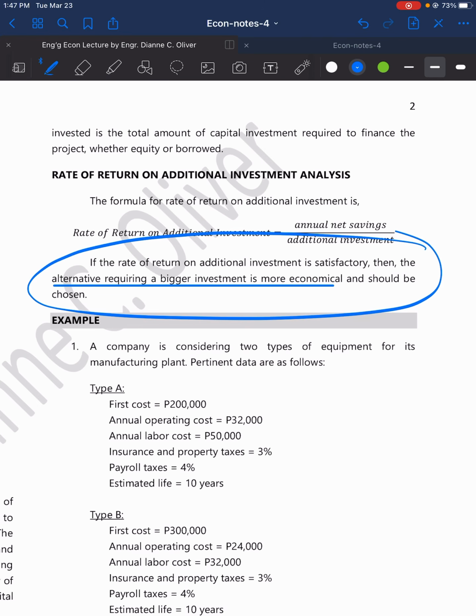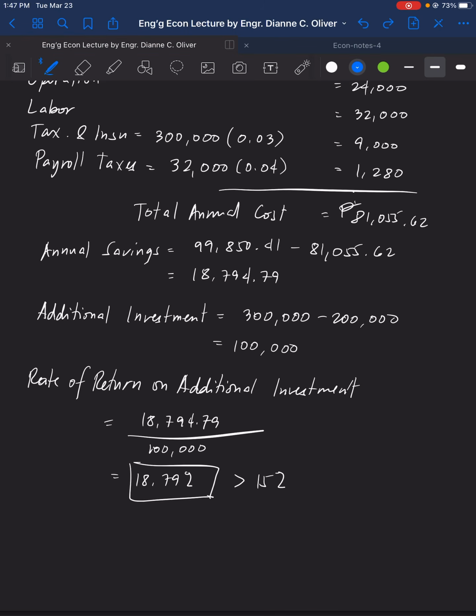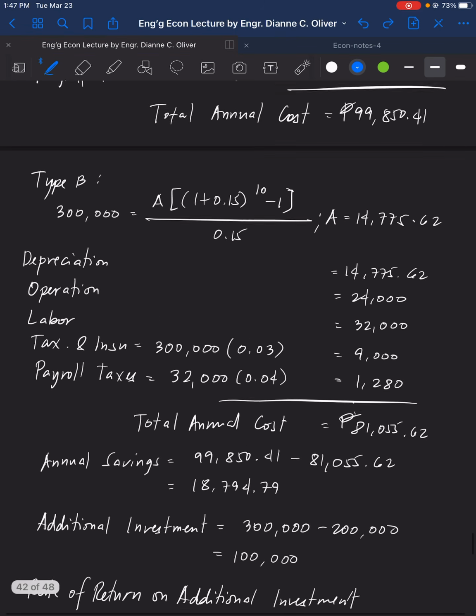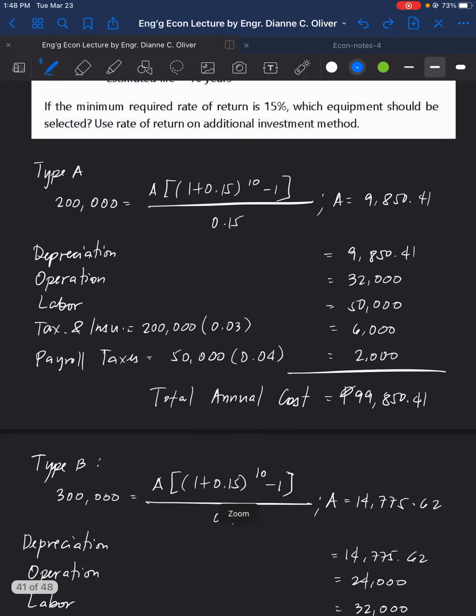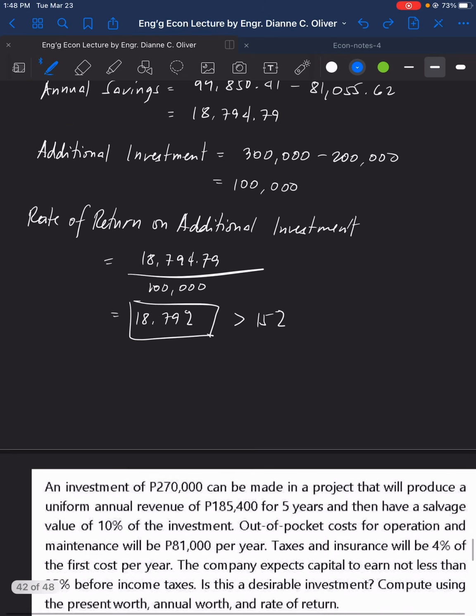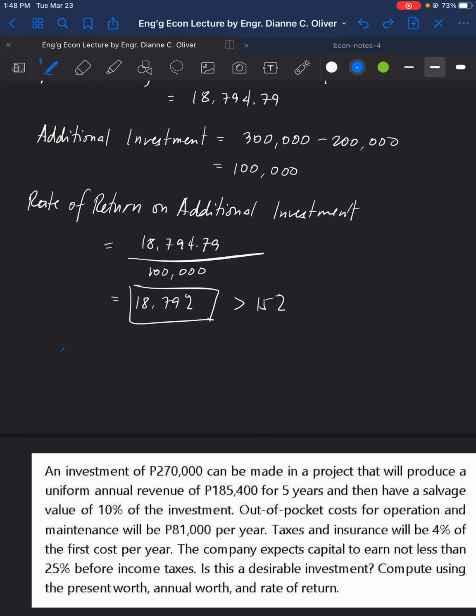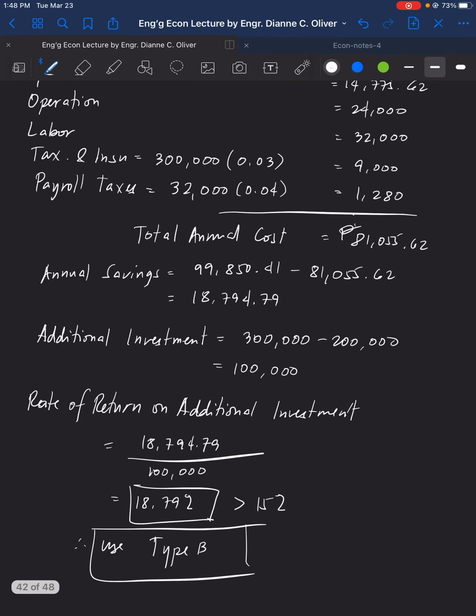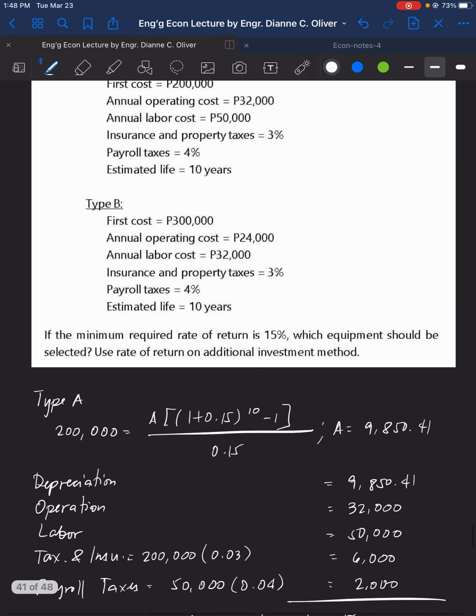Type A has an initial investment of 200,000, B is 300,000. Therefore, use type B. So type B should be chosen. So that's for the third sample problem.